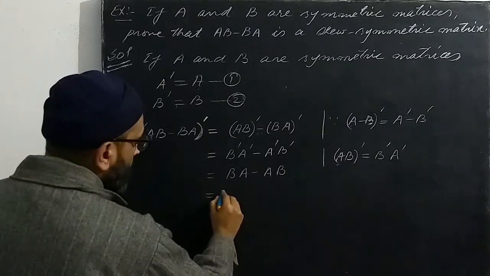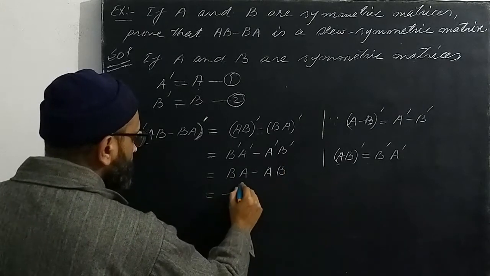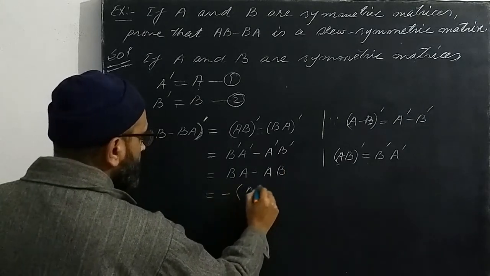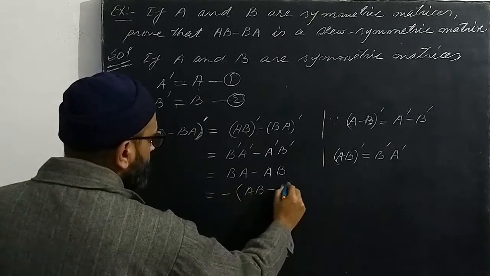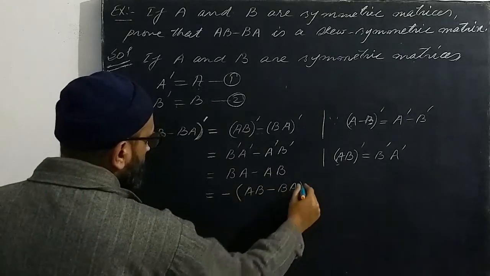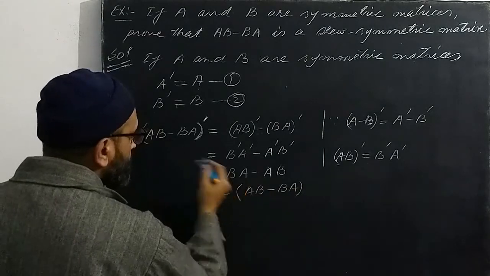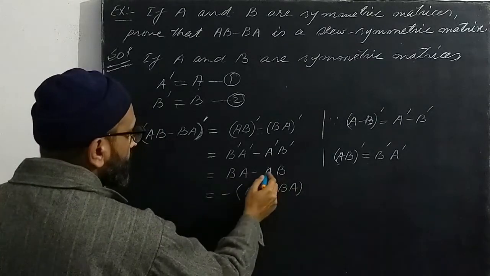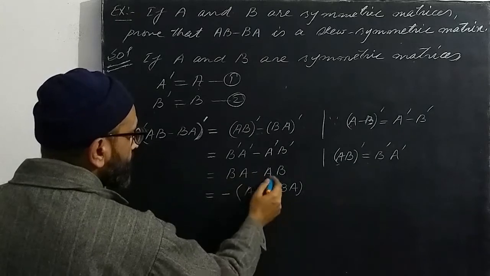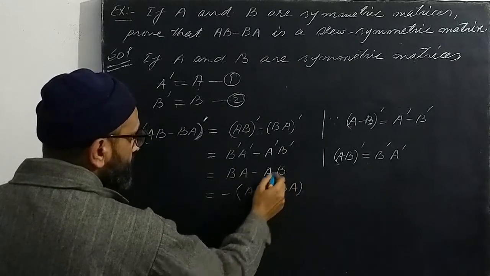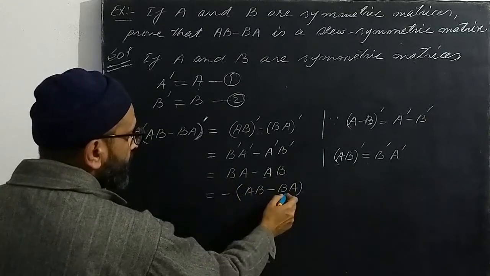Now taking minus common out of these two terms, we get −(AB − BA), because taking minus common out of these two terms, the sign of the terms will change. This becomes positive and this becomes negative. So we have written AB positive first and then −BA second.